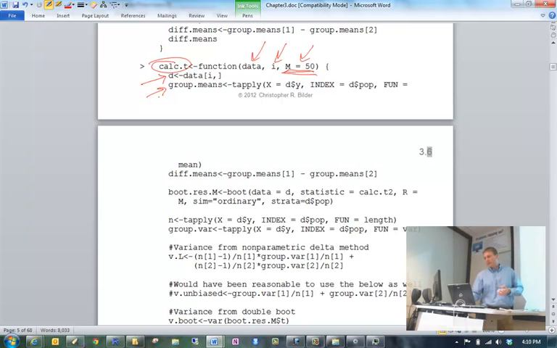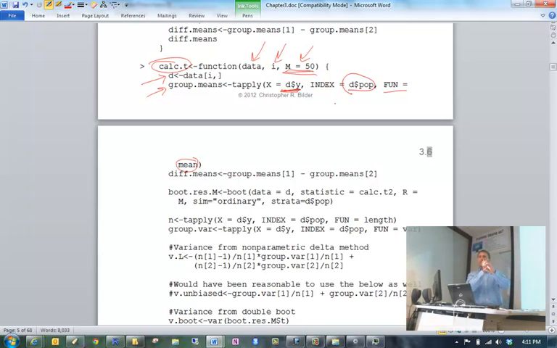Meaning that I'm going to apply the function mean to my data, specifically the y's, by population. So I have an x argument, an index argument for the by part, and then fun for function. I put these group means into group.means.